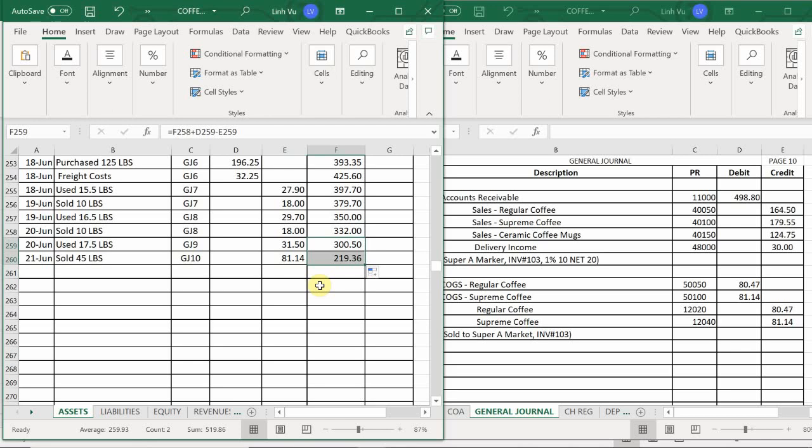That was the ending balance of that one last batch left. Good.